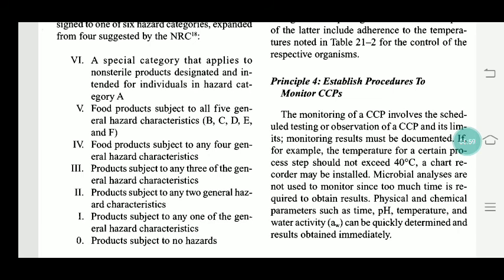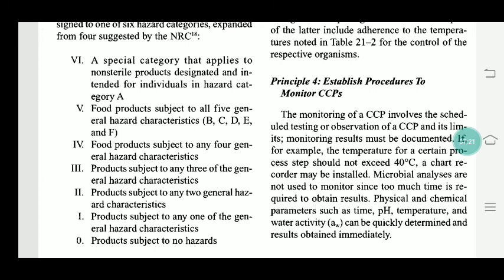Then fifth, food products subject to all 5 general hazardous characteristics. So the fifth number has all 5 characteristics which we categorized above. So it's the category having all these types of contamination.